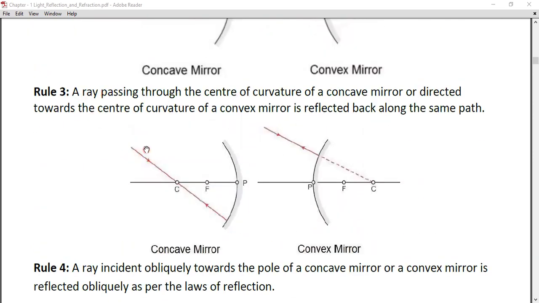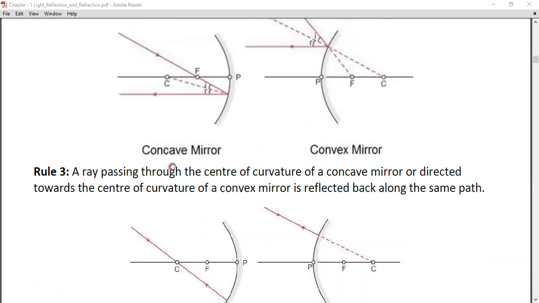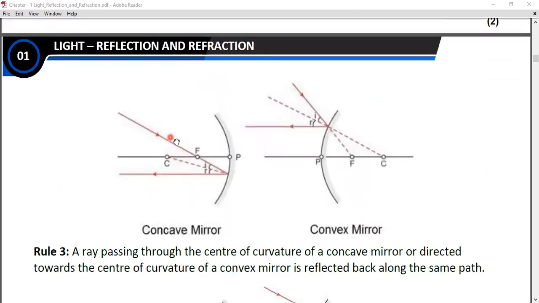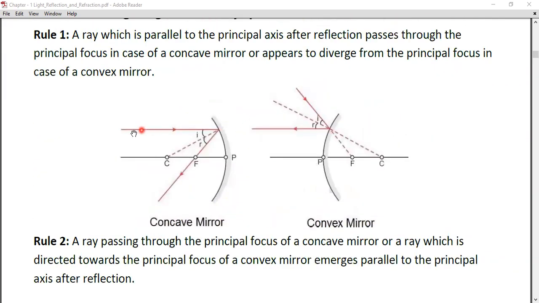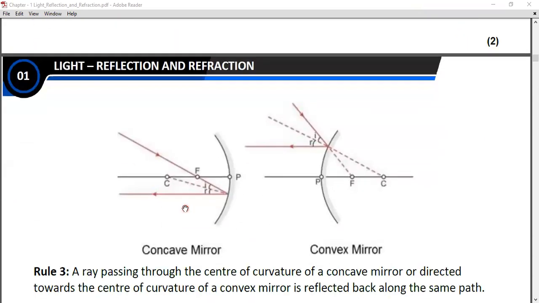And in the rule 3, guys, the light ray passing through the center of curvature getting reflecting along the same direction. And in the rule 2, light ray passing from the focus after reflection getting parallel to the principal axis, right? And in the rule 1, reverse to that. The light ray falling parallel to the principal axis, after that going across the focus. Okay, guys. So here, these 4 rules for convex mirror and concave mirror are very important for understanding the image formation for ray diagram. Okay, guys.